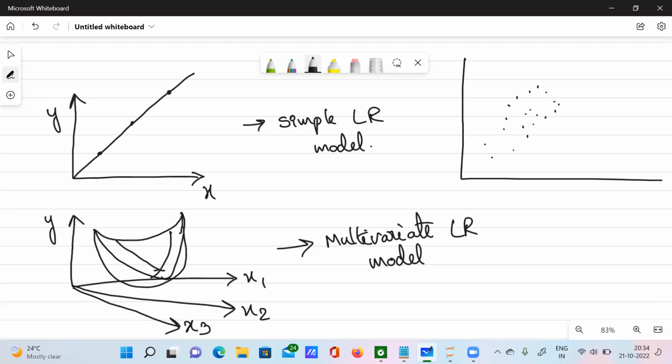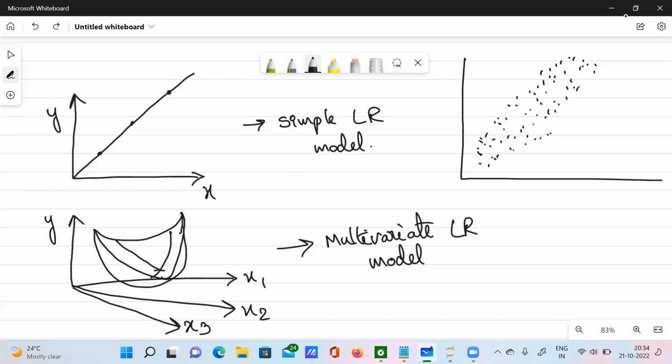Instead of a straight line, it can form some kind of scatter here. These are the scattered points here. This is not a straight line anymore, but instead it would be scattered.